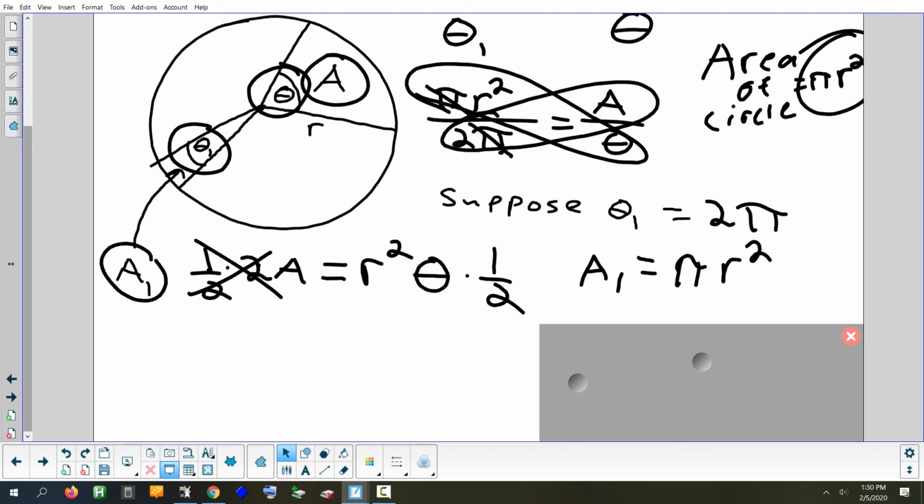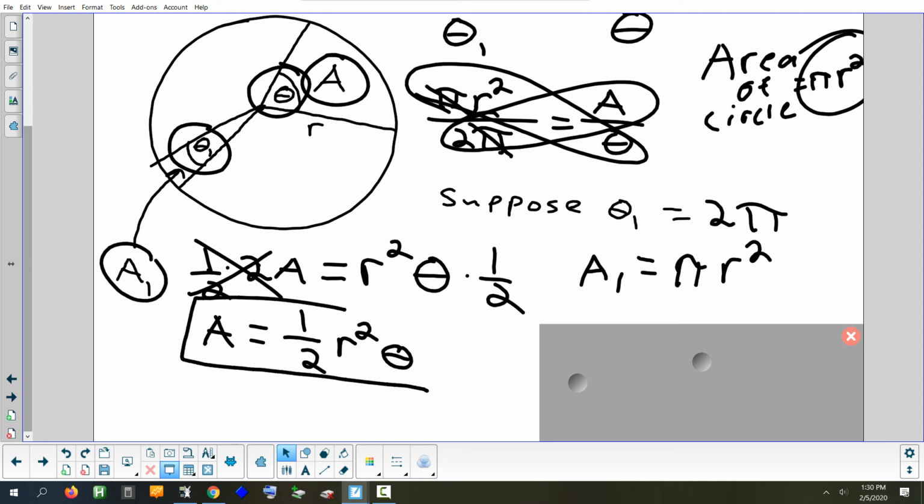Half of 2, gone. It's 1. So the area equals, and this is the order they normally write it in the textbook, 1/2 r squared theta. You do r squared theta divided by 2? You could, yeah, you could do r squared theta divided by 2. You won't see it in our book that way, but that's the same thing.